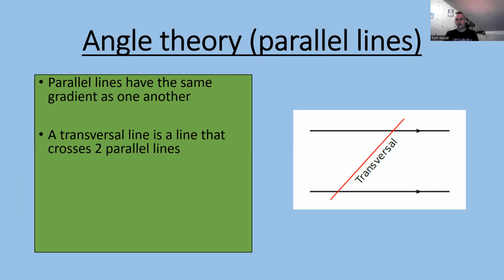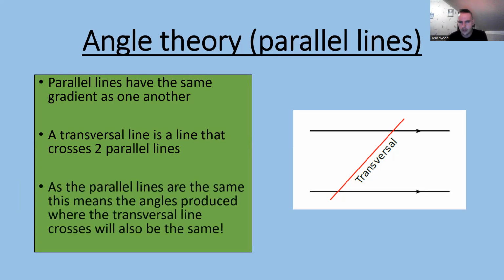A transversal line is a line that crosses between these 2 lines. Essentially, the main thing that this tells us is that where that line crosses, it's making 2 copies of itself. So at this point here, where this crosses here, because it's a straight line and because these 2 lines have the same gradient, this part and this part will be the exact same.